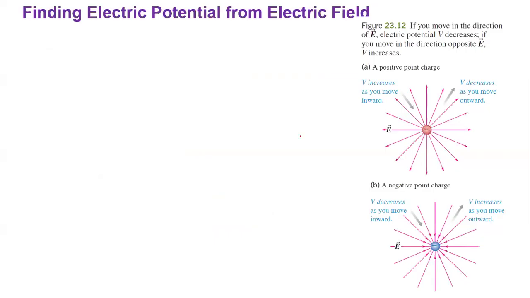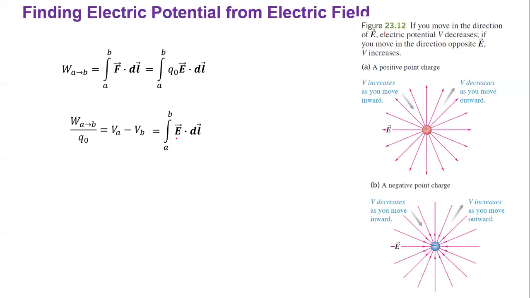You can also find the electric potential from the electric field. Here in the figure, the definition of work from A to B is the integral of F dot dl, and you know that the force is just equal to Q sub O times E. Then the work over Q sub O is equal to V sub A minus V sub B, which is equal to the integral of E dot dl.